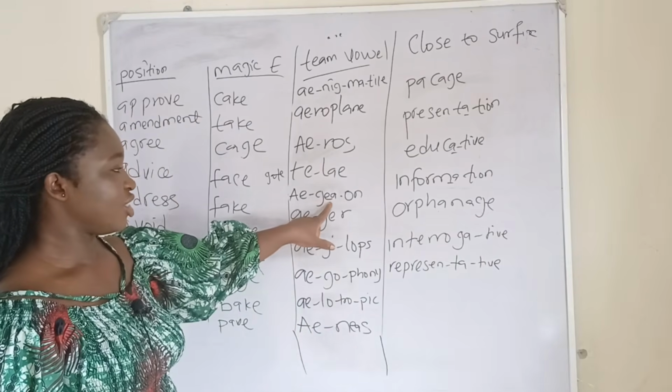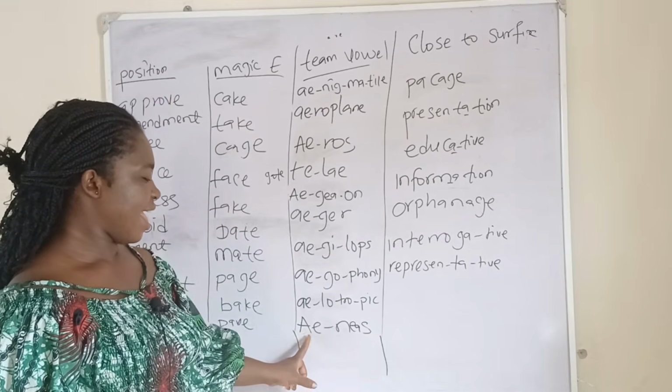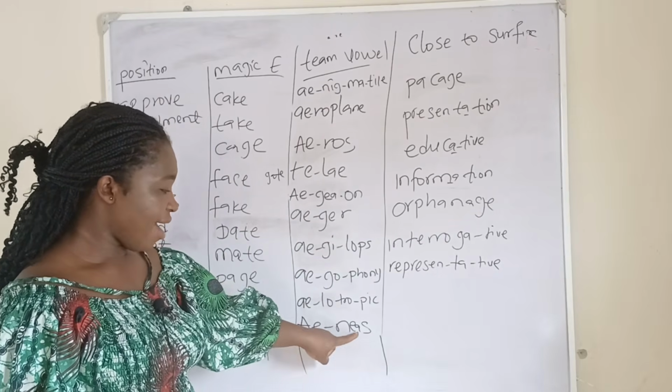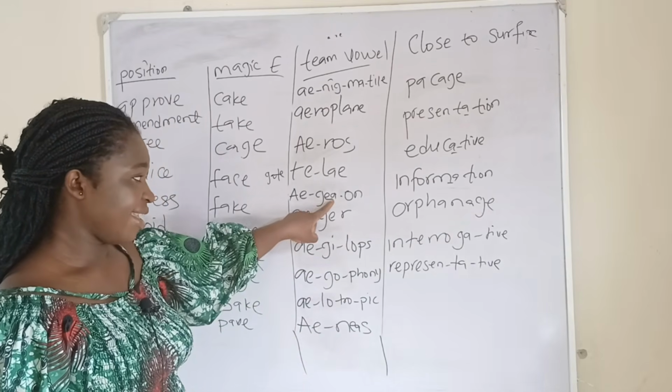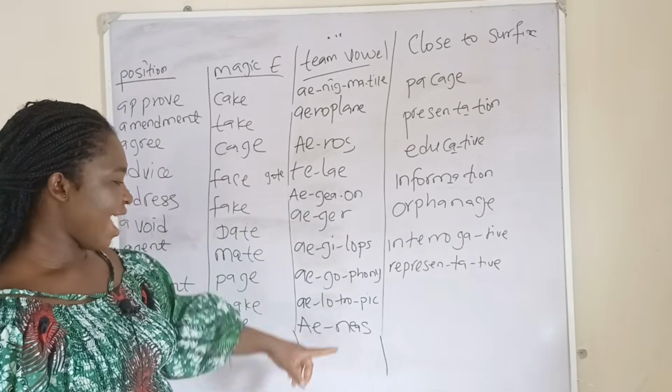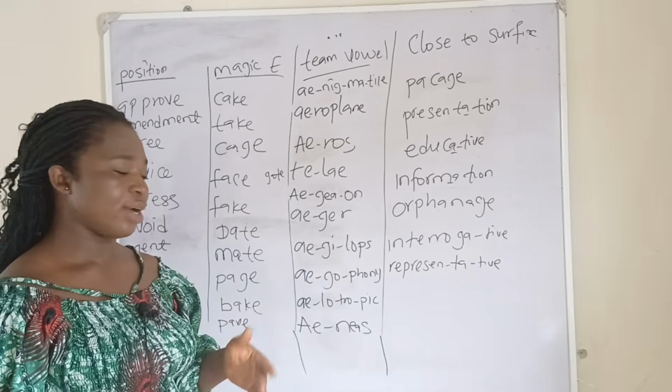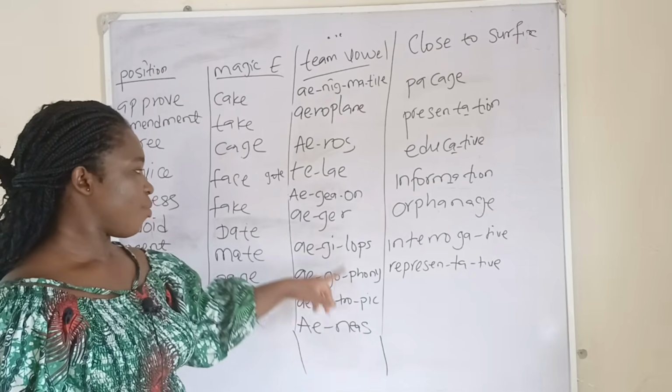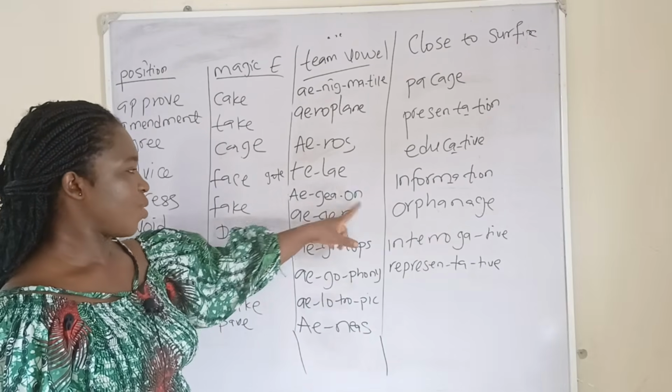Now this is near, nears. We equally have a team vowel here, the E and the A. It is gear and near, that is how it sounds. We have a nears, we have a geon.